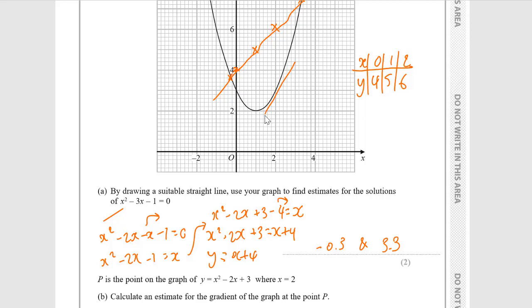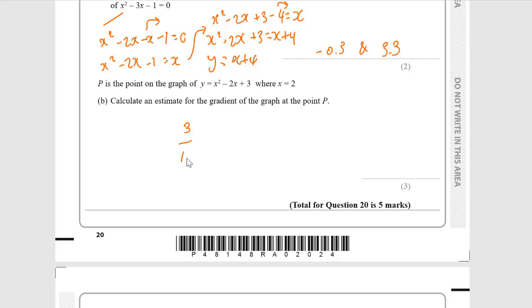So again, this is all about having a ruler, but essentially if you were to draw it out accurately, you will have a height of 3 and a length of 1.4, and then you can use this 3 over 1.4, which is the rate of change, which can be written as 15 over 7 to get rid of the decimal in the fraction, which gives us 2.1 to 1 decimal place.